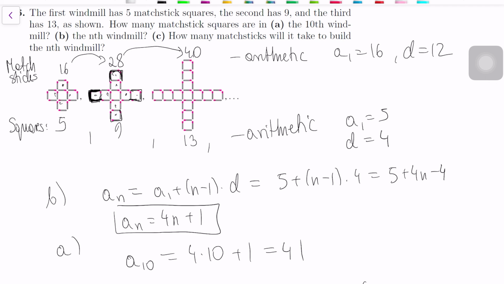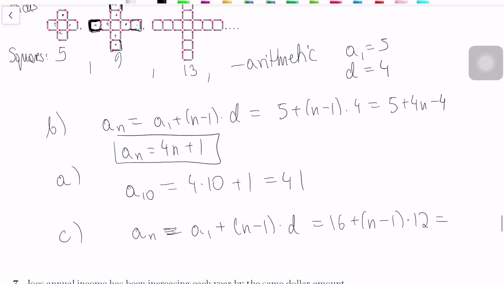Let me write the general formula first. You distribute 12 and minus 12, and then combine the constants. So 12n plus 4 is the answer for C, right?